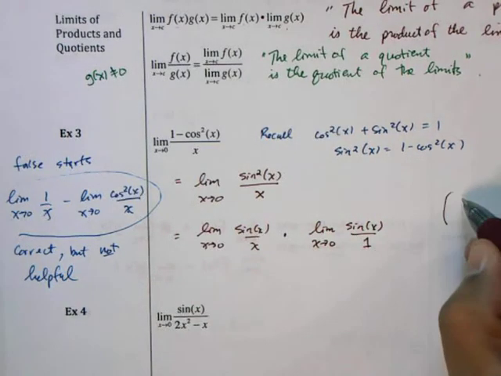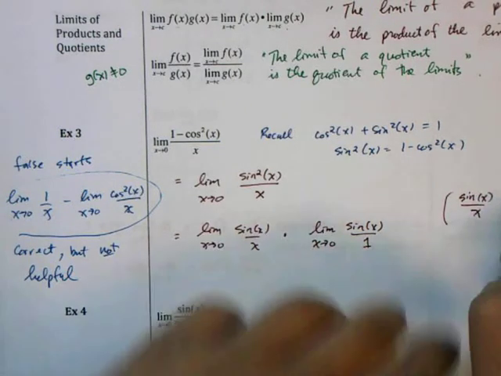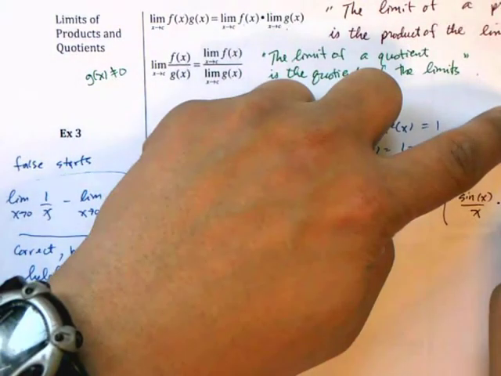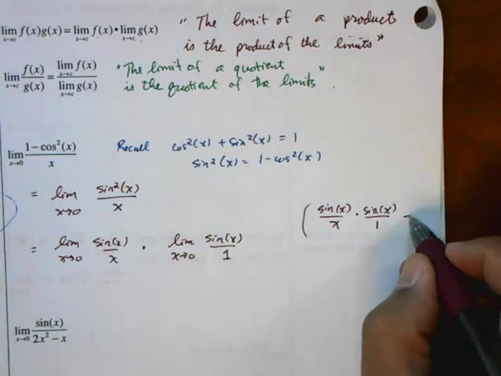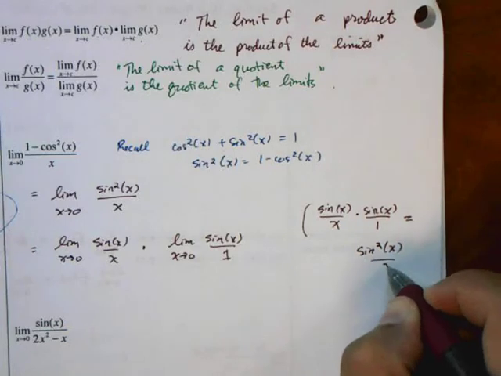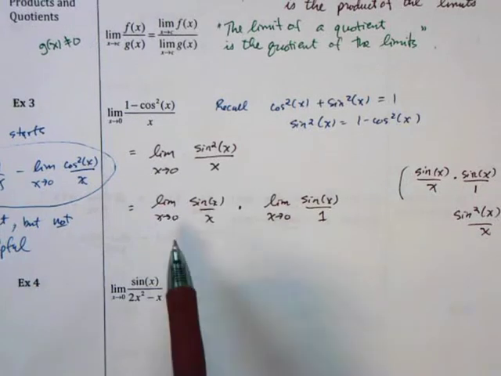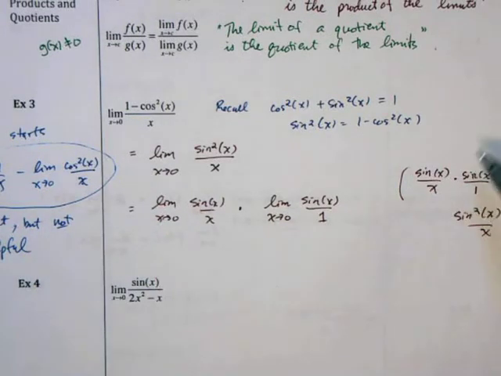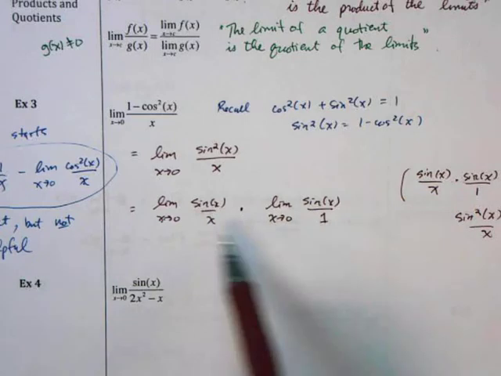And I want to make a note here that sine of x over x times sine of x over 1 is equal to sine squared of x over x. So the limit of this product is the same thing as the product of the two limits.